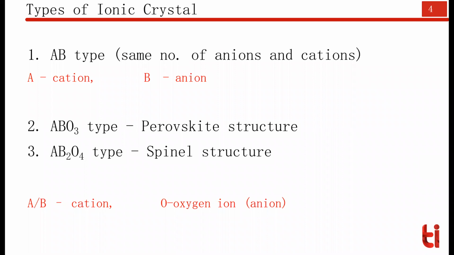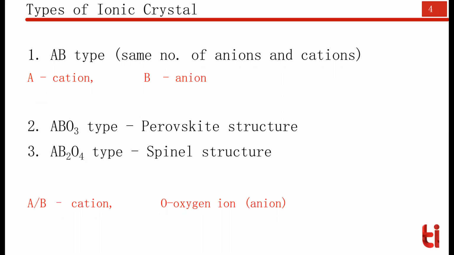So any material which exhibits an ABO3 type structure is called a perovskite structure. Remember, here A and B will both be metals having positive charge, and only the oxygen possesses the negative charge.